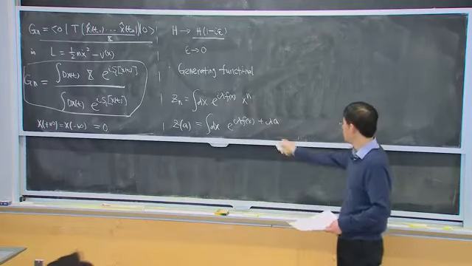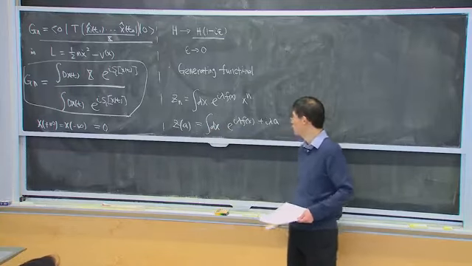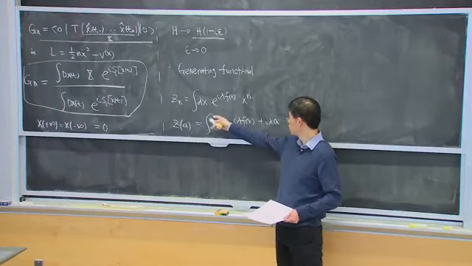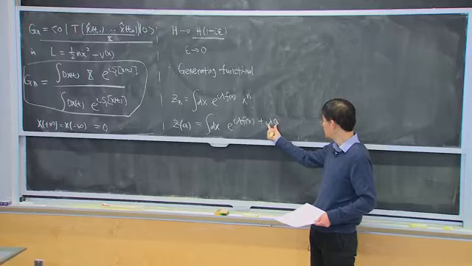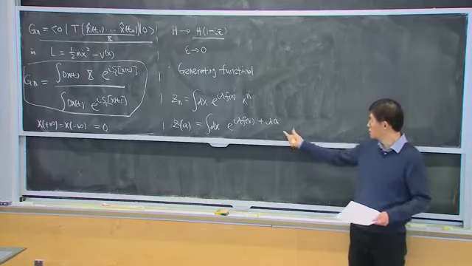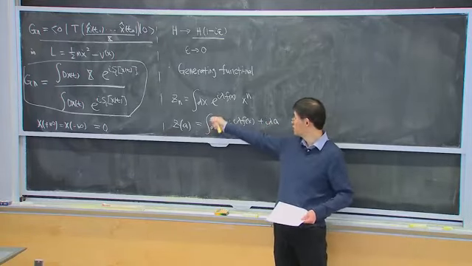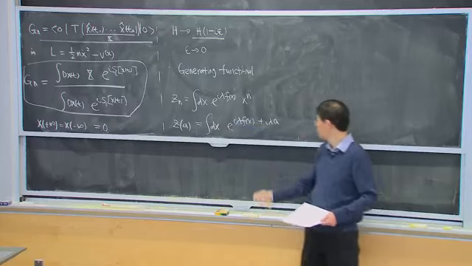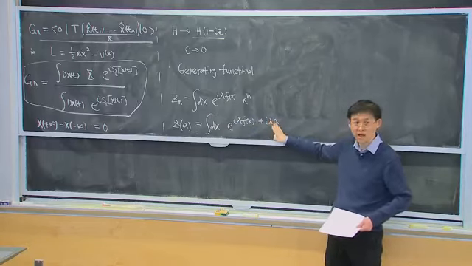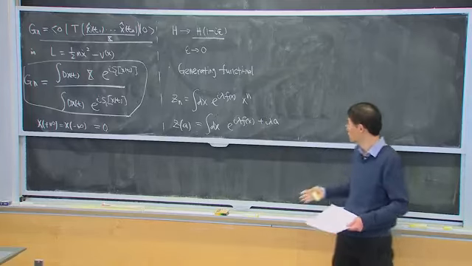The reason I put i here is that I didn't specify the range of x. If x is from minus infinity to plus infinity, it's not easy to define the integral, so I put i here just so that this integral can be defined. Depending on circumstances, you don't have to put i. Say if x is from 0 to infinity, then I can just put minus lambda x, with lambda a positive number, and that's fine.